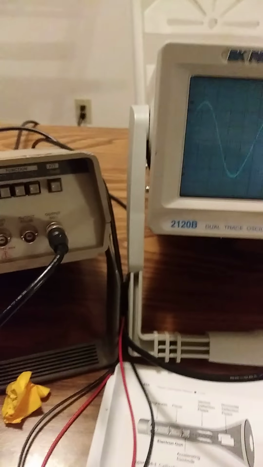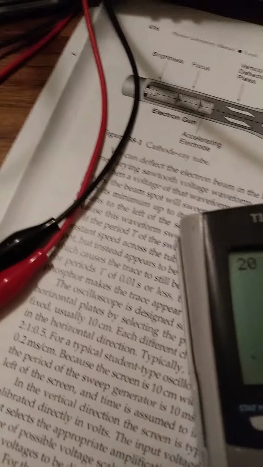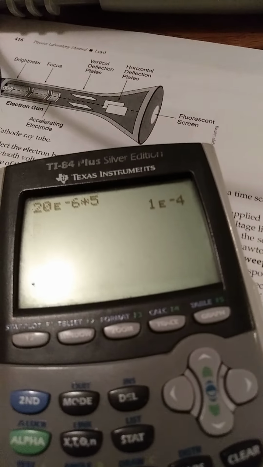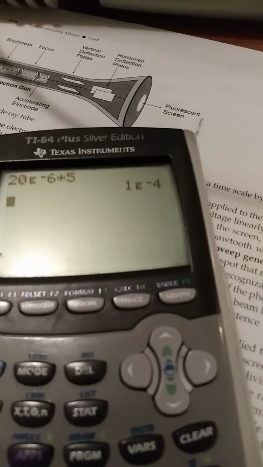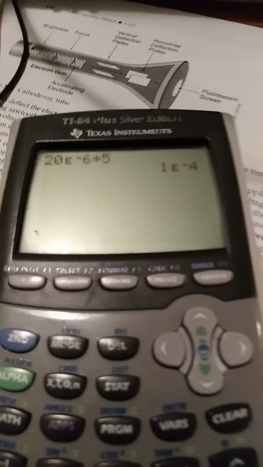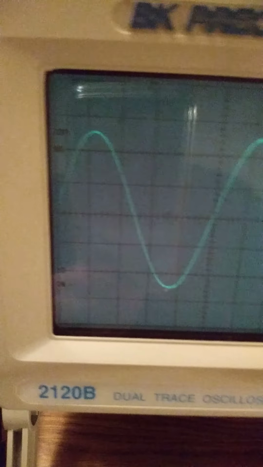So 20 microseconds, I got my calculator out now, is 20 times 10 to the -6 power. I have 5 squares, so I multiply that by 5, and I get basically 1/10 of a millisecond. 0.0001 seconds is the period, or the width, of that waveform.